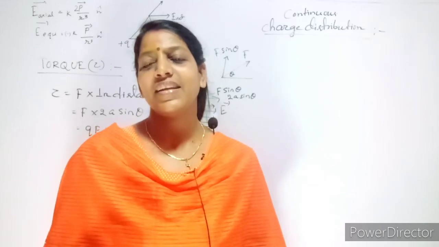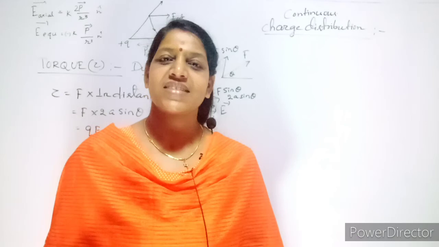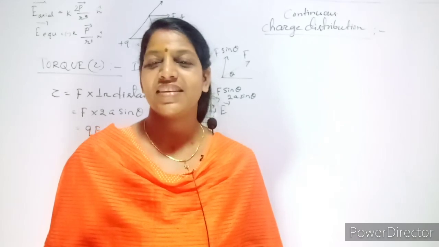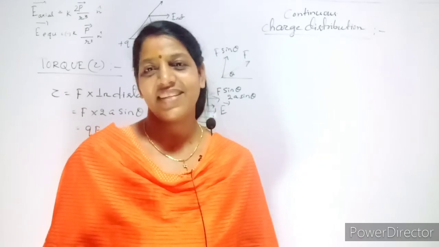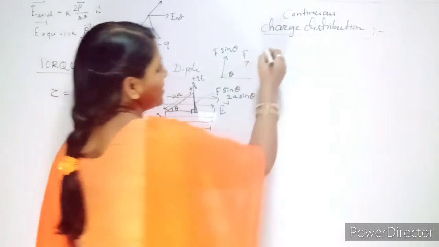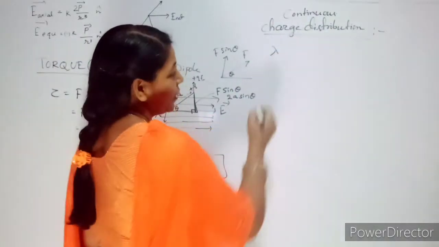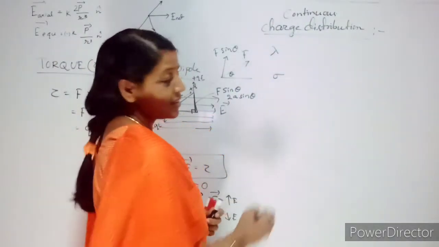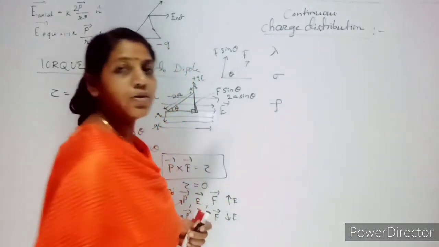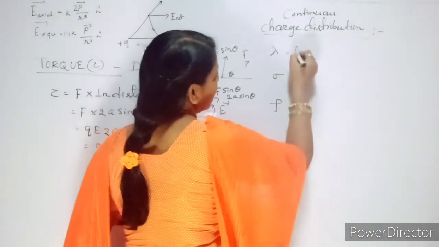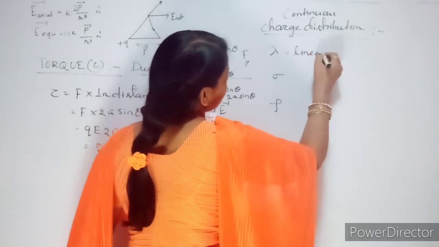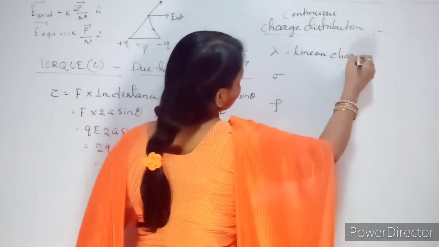So accordingly, it is called linear charge density, surface charge density and volume charge density. The notation for linear charge density is lambda, surface charge density is sigma, and volume charge density is rho.